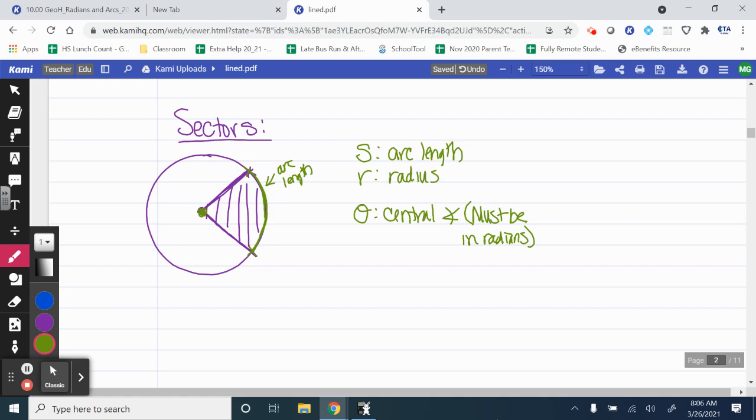All right, so your two formulas are: your area of a sector is 1/2 r squared theta, and your arc length is S equals r theta.